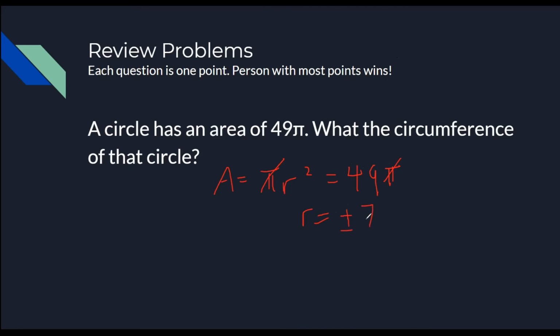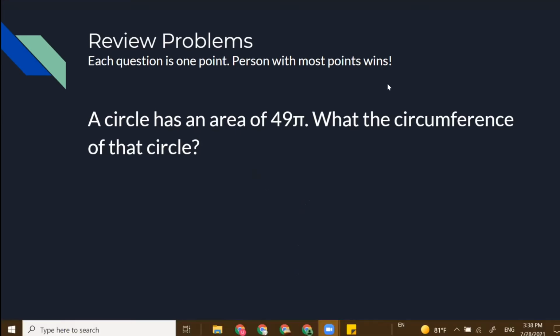But in this case, you can't have a negative radius, so the radius is just 7. Now the circumference is 2 pi r. We just substitute 7 in, and our circumference is 14 pi. So Vincent got a point. Congrats. Next question.